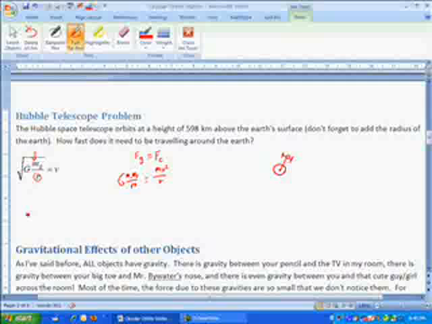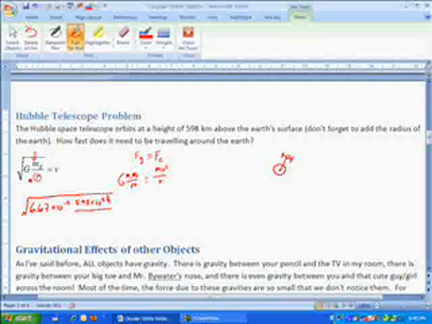We can look up most of them. The gravitational constant is 6.67 times 10 to the negative 11th. And then the mass of the Earth we look up to be 5.98 times 10 to the 24th. And that's a 24, not an 11.